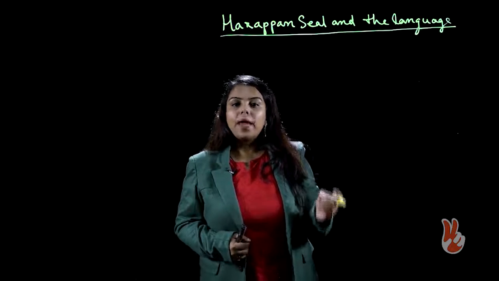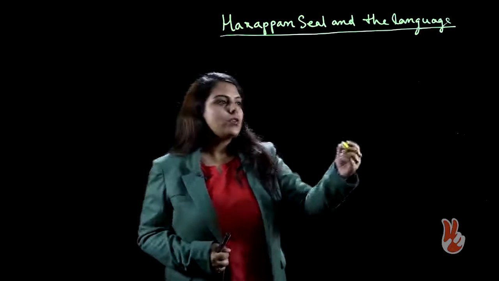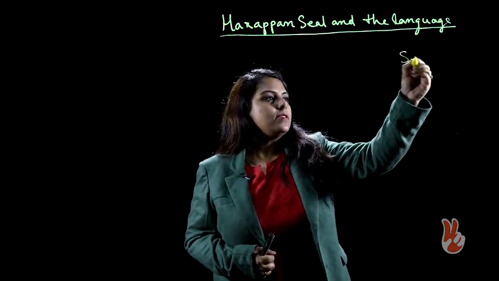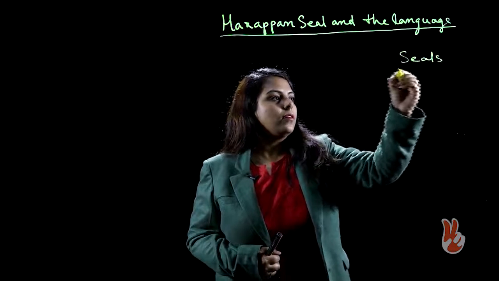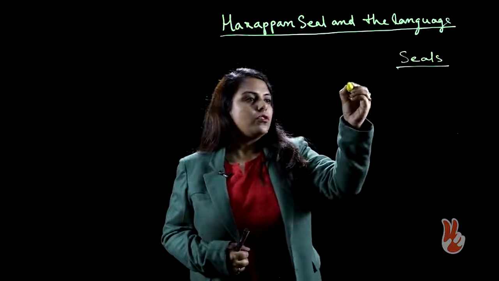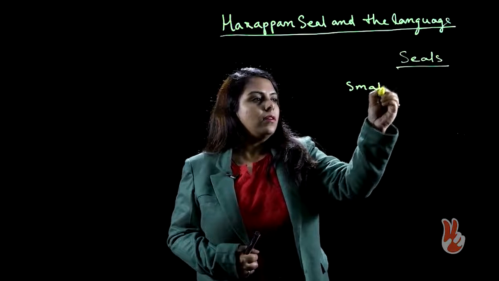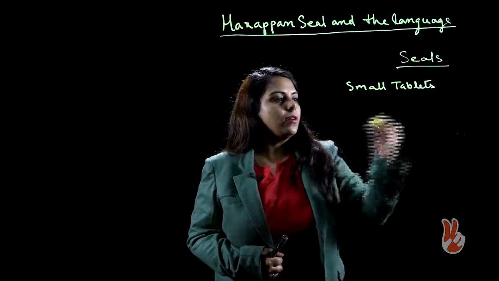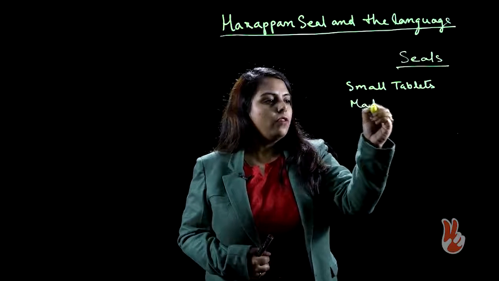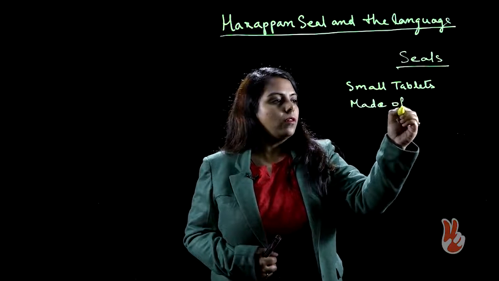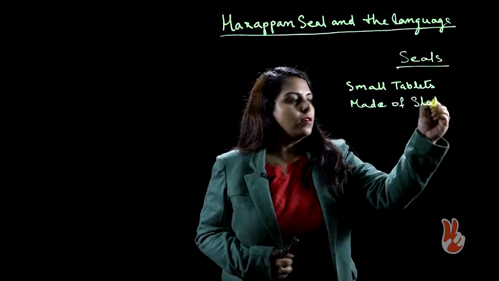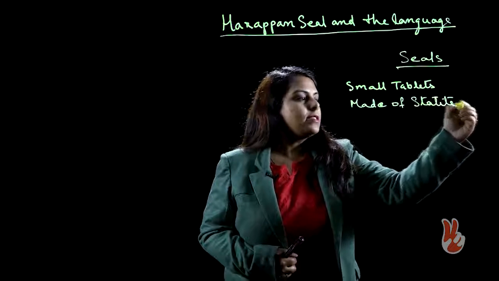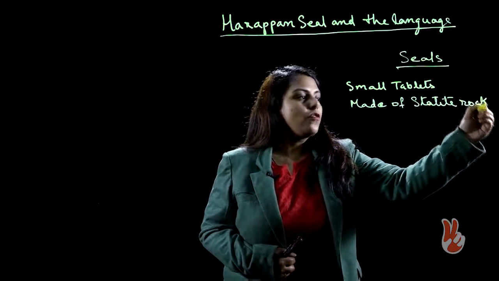The seals are small tablets of half an inch to 2.5 inch made of steatite rock. So let's write: seals were small tablets made of steatite rock. Steatite is basically a soft rock.